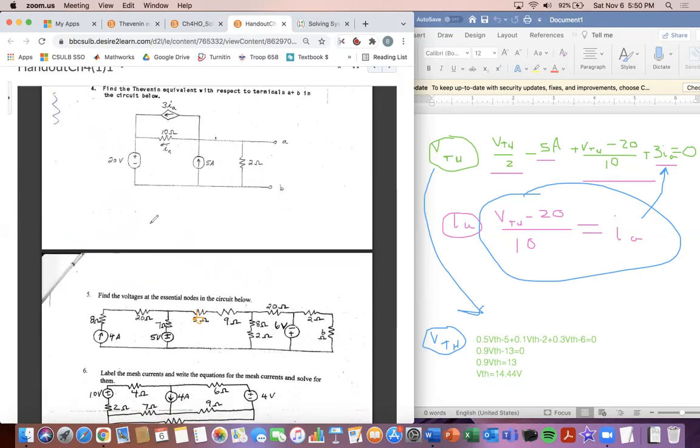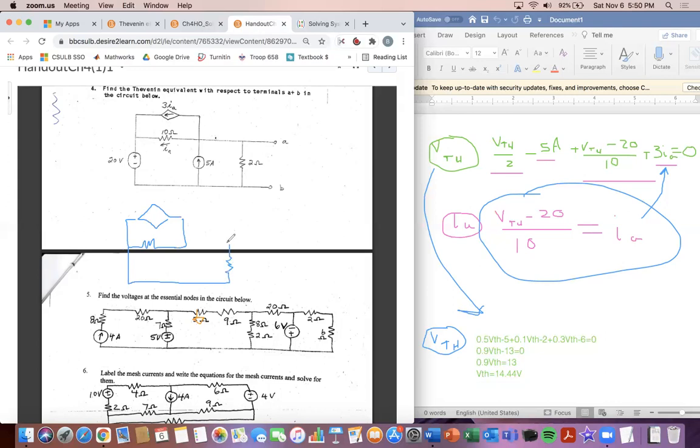What we have is this 3IA, so let me draw that. The 3IA still, and then this 10 ohm resistor. We're going to have a short here at this 20 volt source, and an open circuit for the current source, so there's going to be no branch.